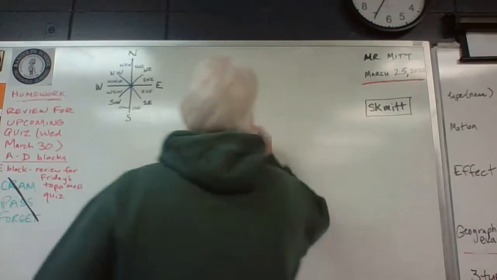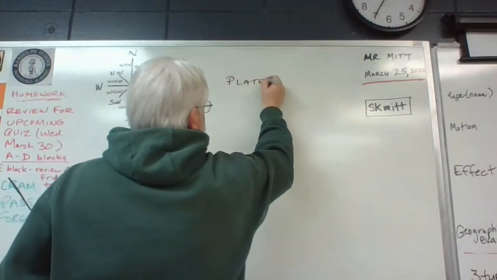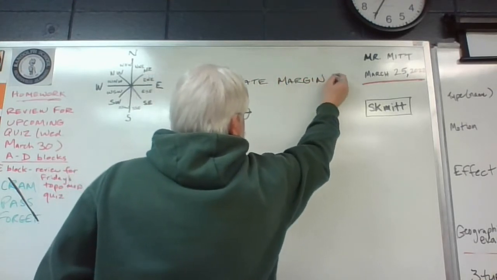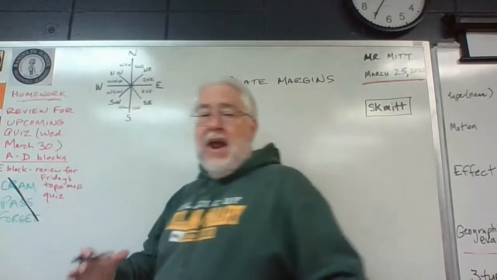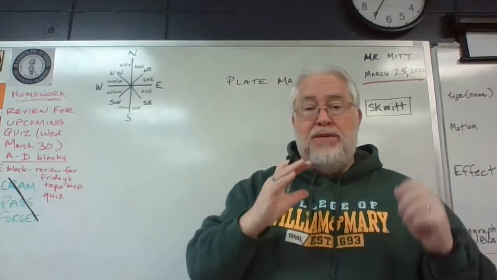And so we have plate margins. That's what we're talking about, plate margins. So we're talking about pieces of lithosphere and how they move around, how they interact as they move.